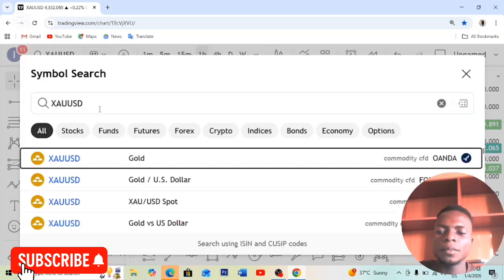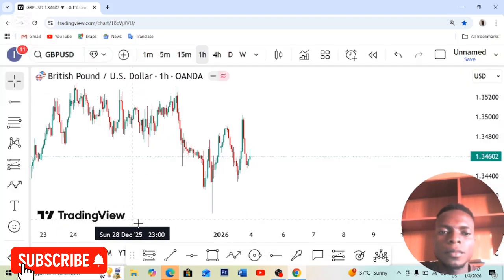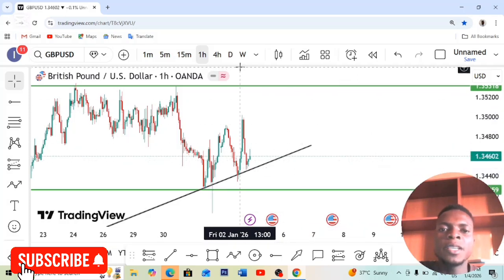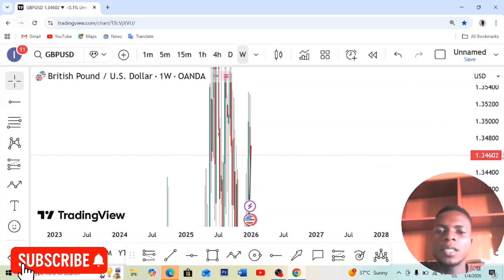Now let's go to GBP/USD. Looking at GBP/USD, I'm going to start with the weekly time frame as well.